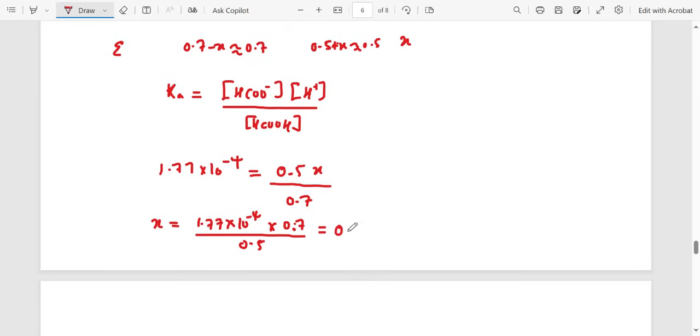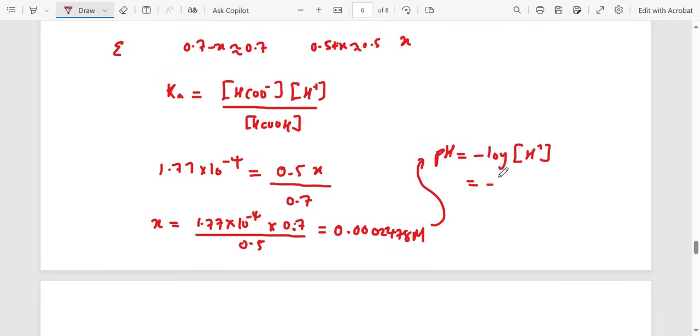That has given 0.0002478. This is the concentration of the hydrogen. Therefore, to calculate the pH, the pH is going to be negative log of the concentration of the hydrogen, isn't it?